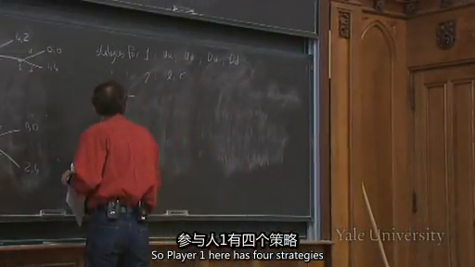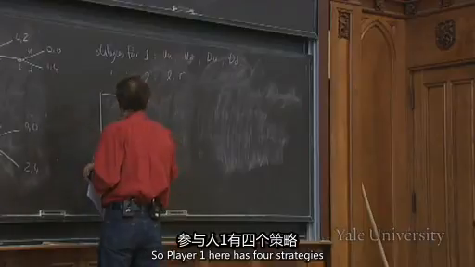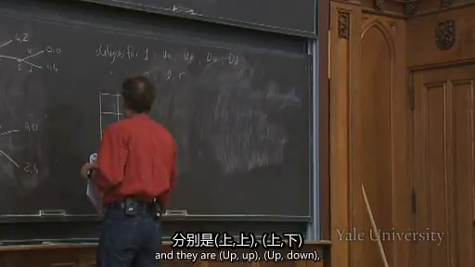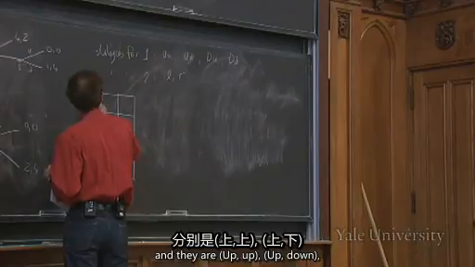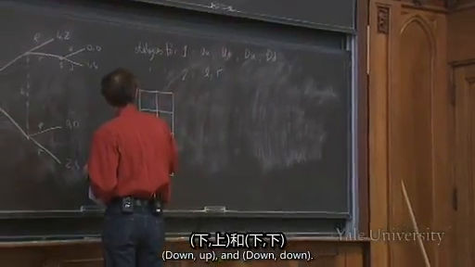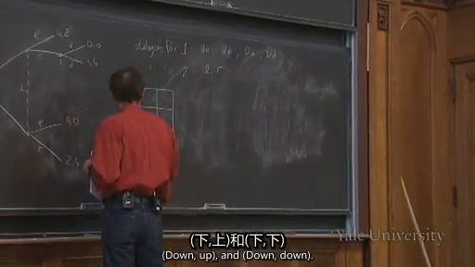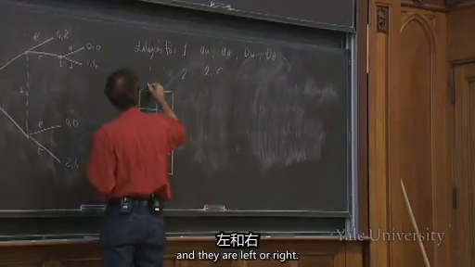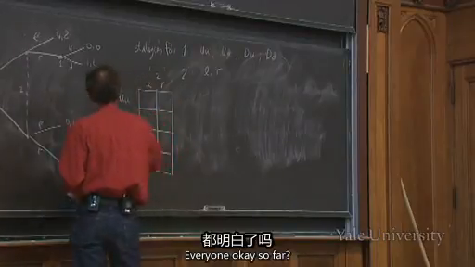So player 1 here has 4 strategies, and they are up up, up down, down up, and down down. And player 2 has 2 strategies, and they are left or right.